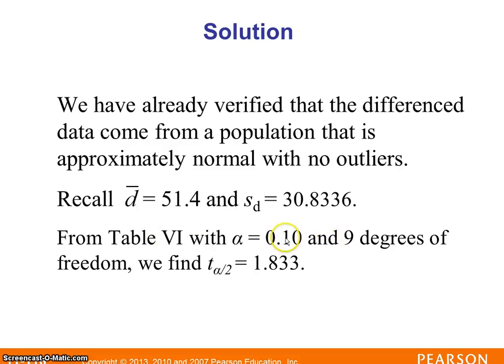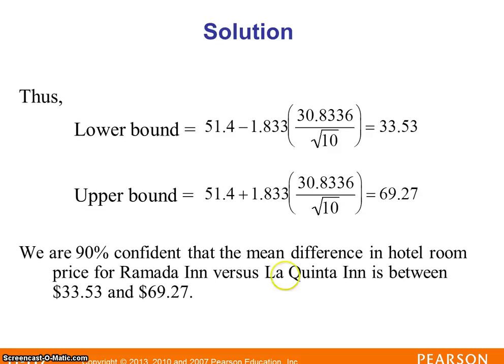In this case the alpha level would be 10% because we've got a 90% confidence interval. Remember, you need to divide that by 2. So you'd want to look at t of 0.05, or 5%, for 9 degrees of freedom, and that would be your t alpha over 2 value. Then multiply that times the standard deviation of the difference divided by the square root of the sample size.